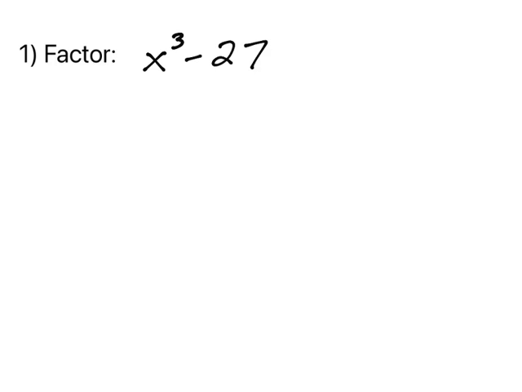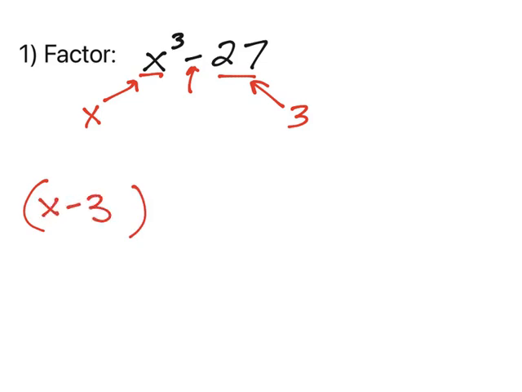So let's do some examples. I have x cubed minus 27. One thing I like to do is notice these are each perfect cubes and I'm subtracting. So this is the difference of cubes. The cube root of x cubed is x, and the cube root of 27 is 3. So that makes my binomial pretty easy. It's just x minus 3.